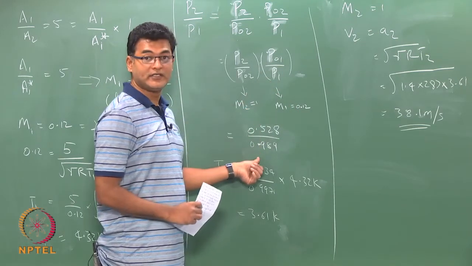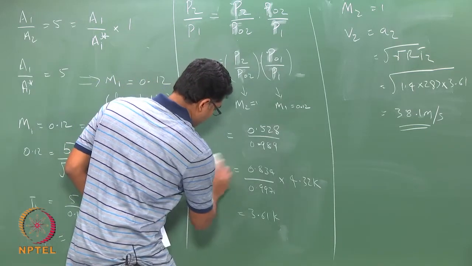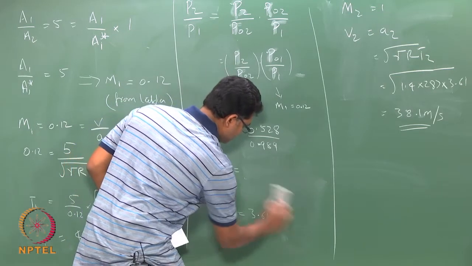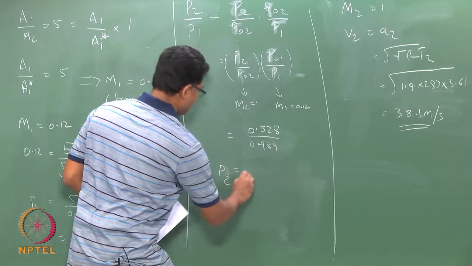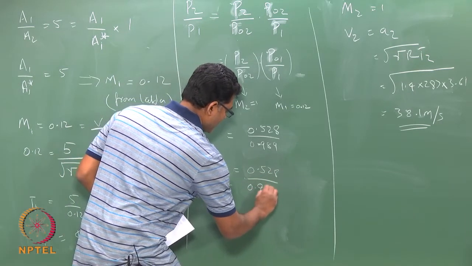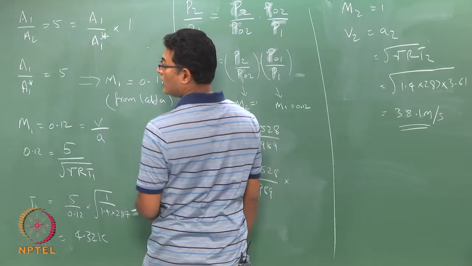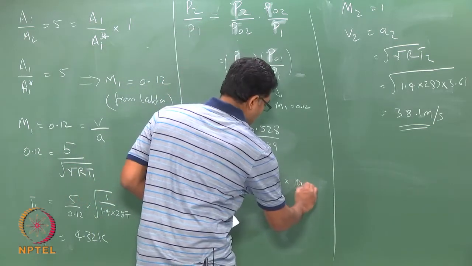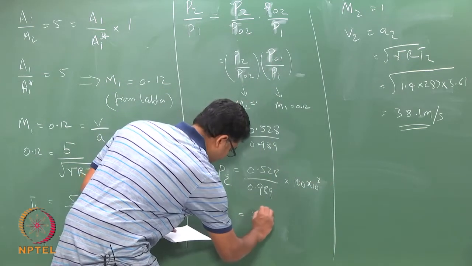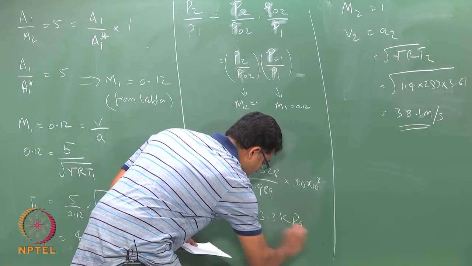So, that is why we divide this here, and here the P2 would be 0.528 divided by 0.989 into P1, which is 100 into 10 power 3 Pascal. So, your P2 is 53.3 kilopascal.